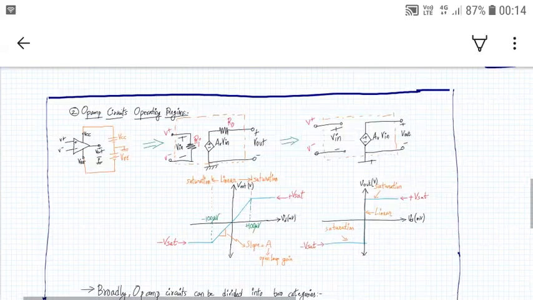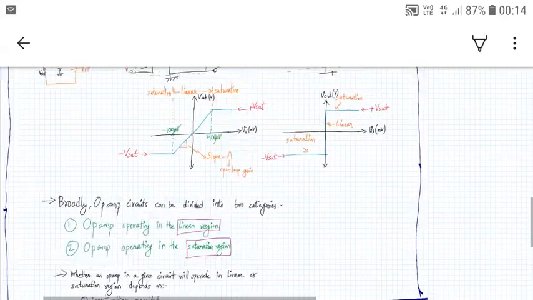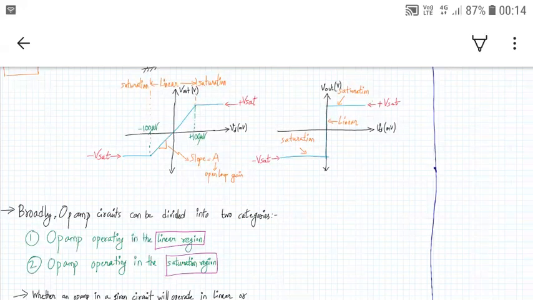From these curves, the op-amp can be divided into two categories: op-amp operating in the linear region, and op-amp operating in the saturation region. Most of your op-amp applications in this subject will either fall into linear applications of op-amp, or non-linear, which is the saturation region. It is a very important division and very important characteristic.